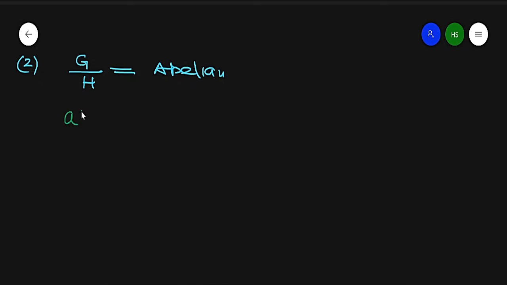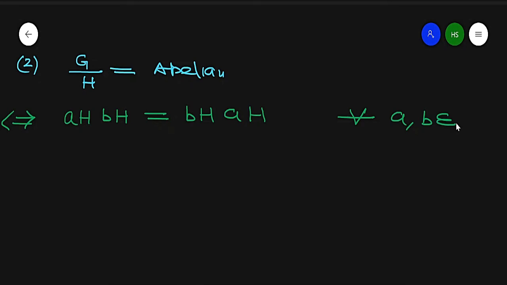So it means aH into bH is equal to bH into aH if and only if, because it is abelian, for every a, b belongs to G. Remember that. So if and only if this can be written as abH, which is equal to baH.